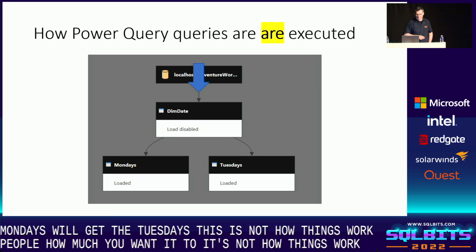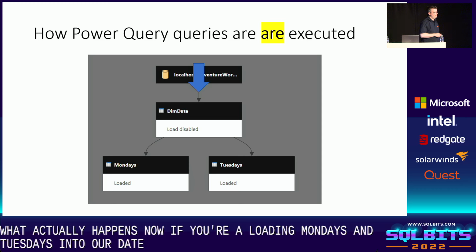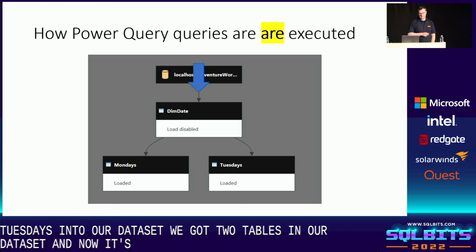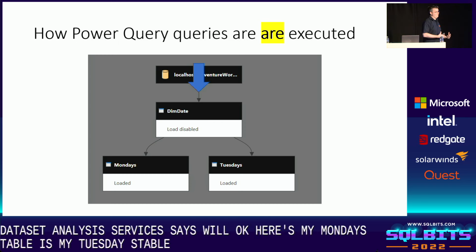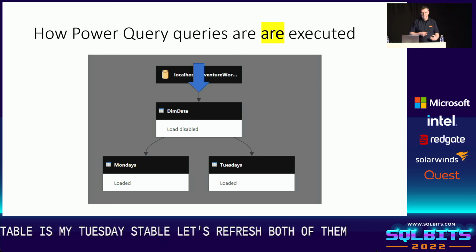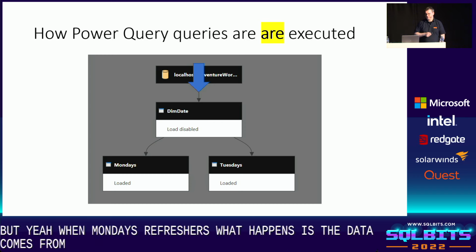What actually happens? Now, if we're loading Mondays and Tuesdays into our data set, we've got two tables in our data set. Analysis Services says, well, OK, here's my Mondays table, here's my Tuesdays table. Let's refresh both of them. It'll refresh them in parallel, generally speaking. But when Mondays refreshes, what happens is the data comes from SQL Server.